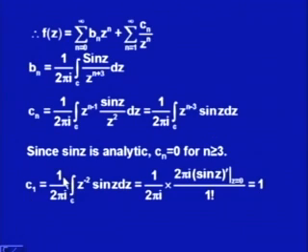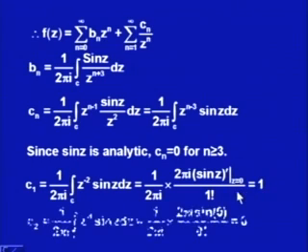So, C1 is given by 1 upon 2 pi i integral of z raised to power minus 2 sin z dz, and this is equal to 1 upon 2 pi i into 2 pi i times the derivative of sin z divided by factorial 1. This is the formula which I will be making use of, and this derivative is evaluated at z equal to 0. If you simplify it, this and this get cancelled, and the derivative of sin z is cos z, which evaluated at z equal to 0 gives me 1.